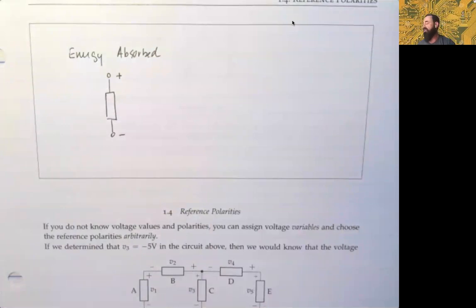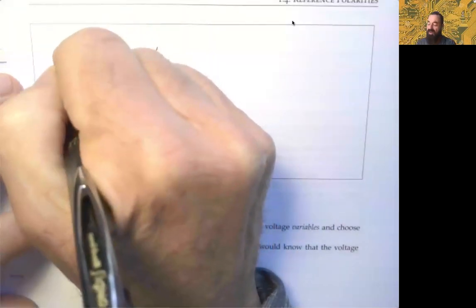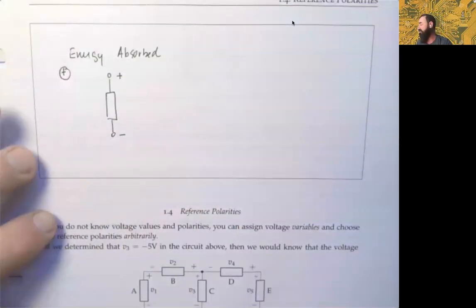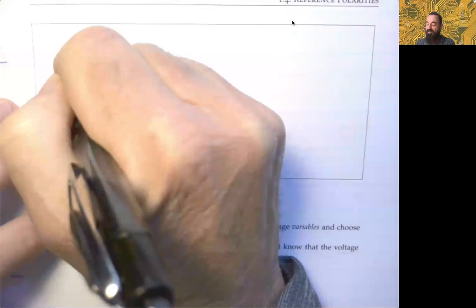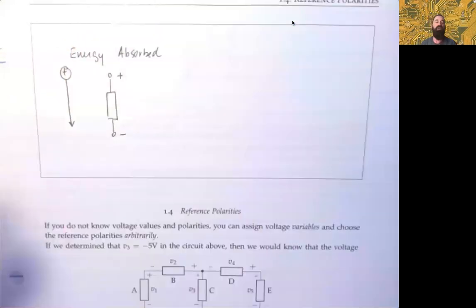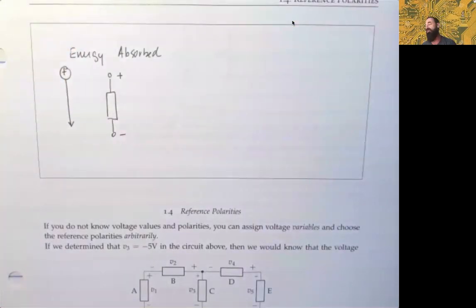The representation of energy absorption follows from two possibilities. Number one, you have a net positive charge flowing from positive to negative polarity through the voltage polarity. That's a representation of absorption.